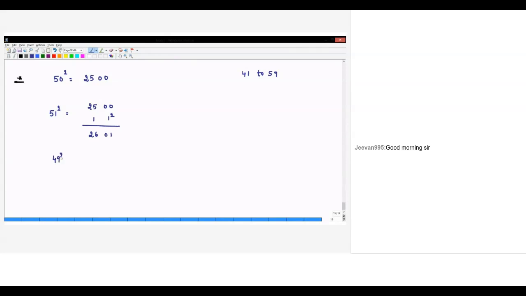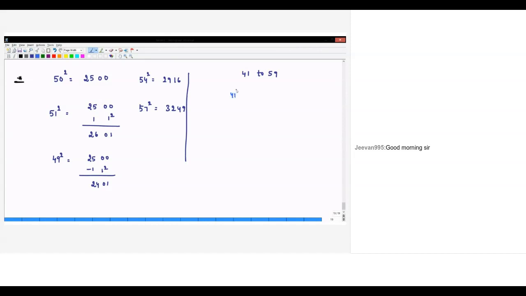If it is 49, subtract 1 from 25 and add the same 1 squared. If it is 54, add 4 to 25, and 4 squared is 16. For 57, add 7 to 25, then 7 squared. Like that it goes on.